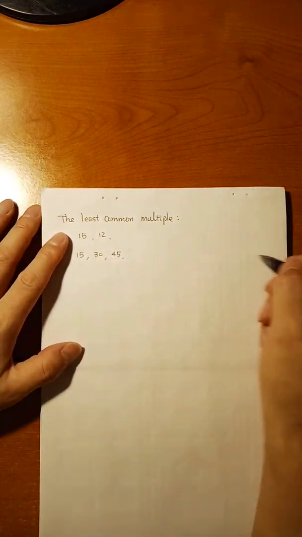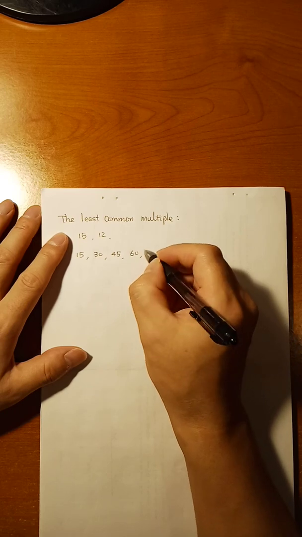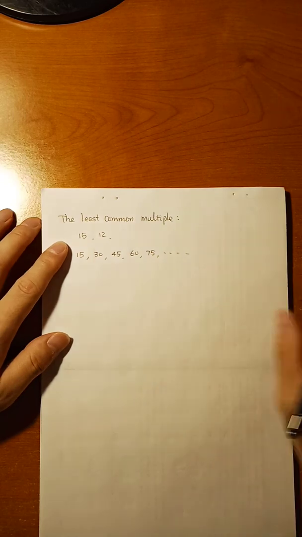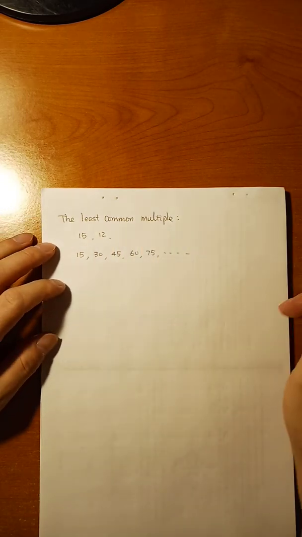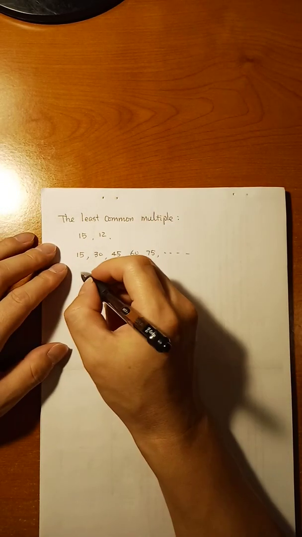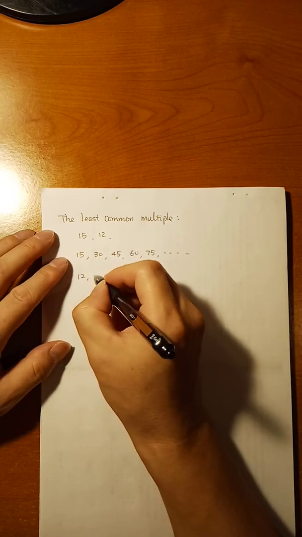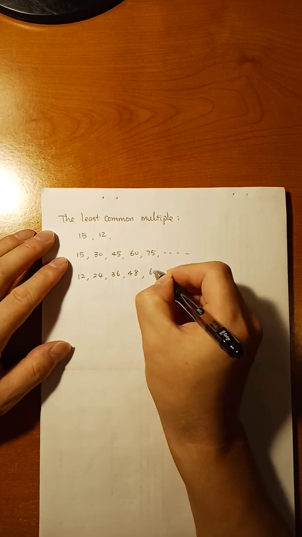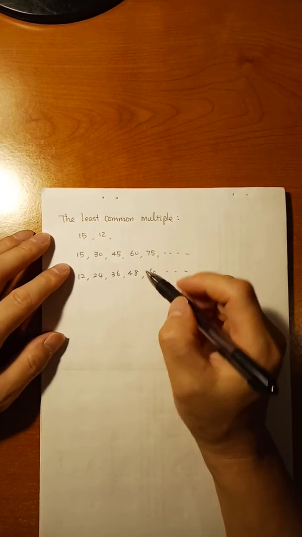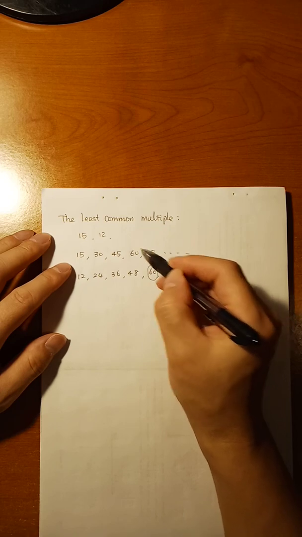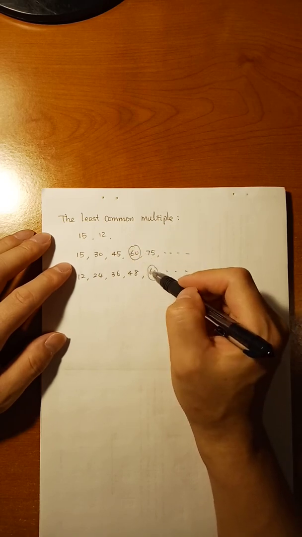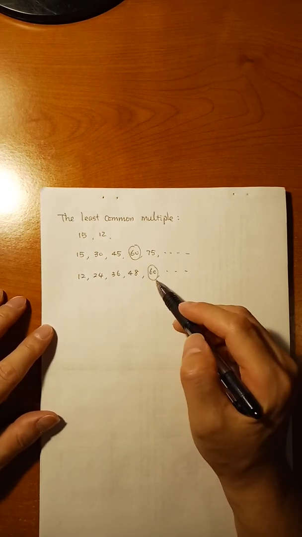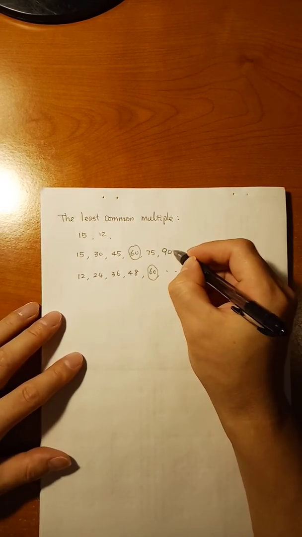You can continue this. It does not end. Just multiply 15 by some large integer, then you have a multiple. And for 12, you can do a similar operation. You will have certain multiples. And at some moment you see that the common multiple appears.